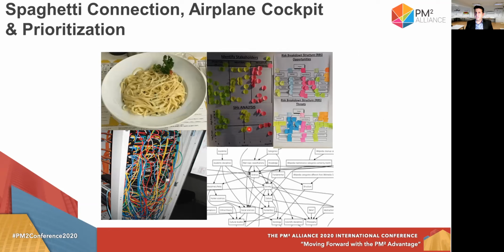Also, what is called stakeholder promiscuity. Also, we have a lot of risks inside our RBS. Everything is connected, but we don't know exactly how. So we have to prioritize everything during the risk assessment to see what are the threats, the most dangerous ones, and what is not.